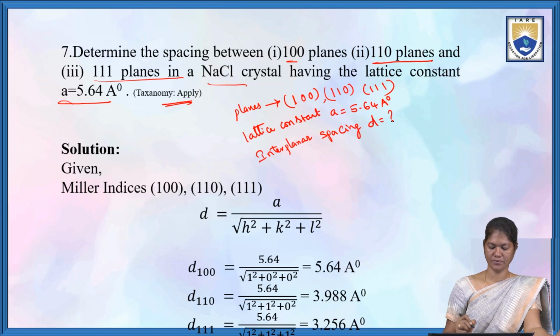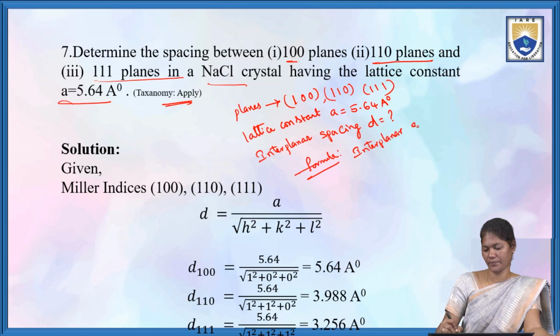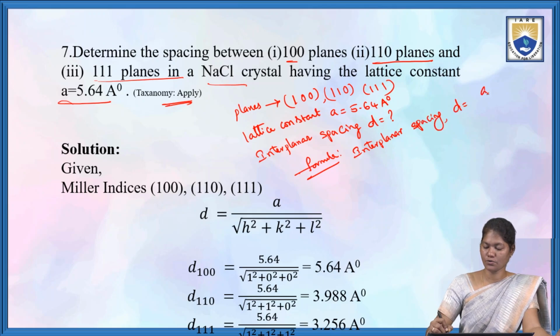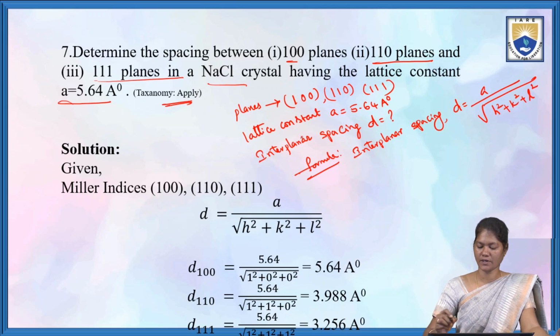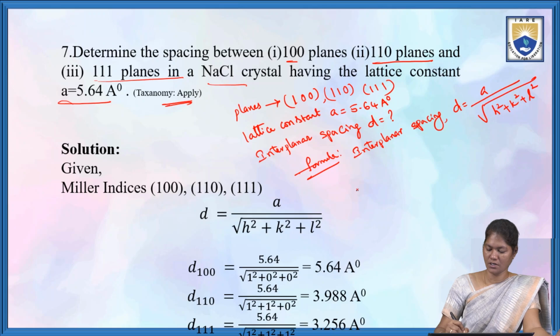The formula we are going to use for interplanar spacing is d equals a divided by root of h square plus k square plus l square. First we find the 100 plane, where these are h, k and l.